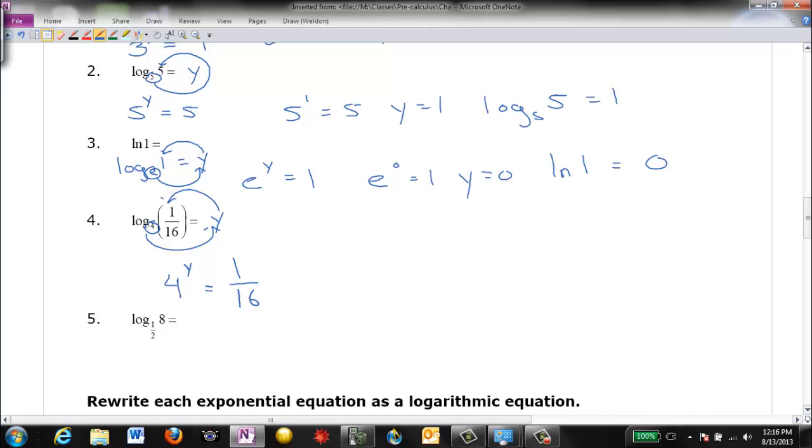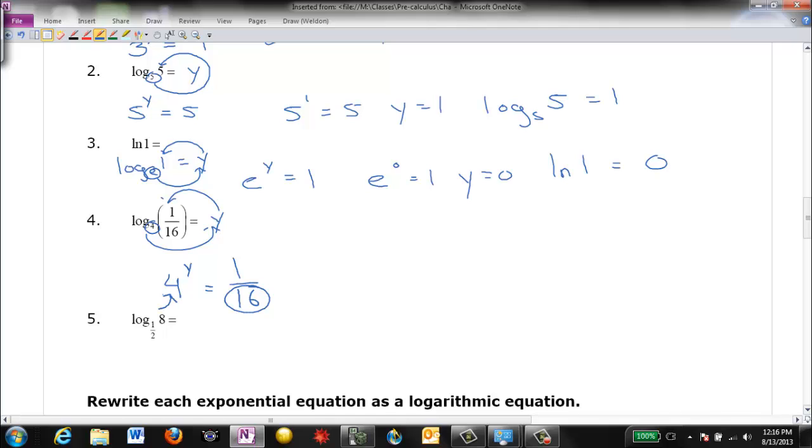Well, it might not be clear what exactly we are looking at here, but we do have the option of rewriting this expression a little bit so that it is more obvious. Okay, so I'm going to take a look at this 1/16 on the right-hand side, particularly this 16. It's very handy if I'm able to rewrite both sides with a base of 4.